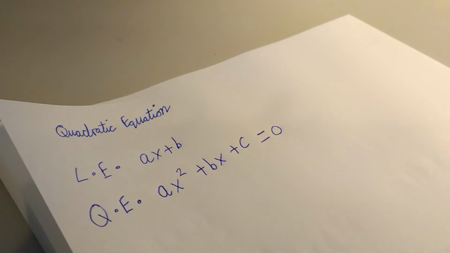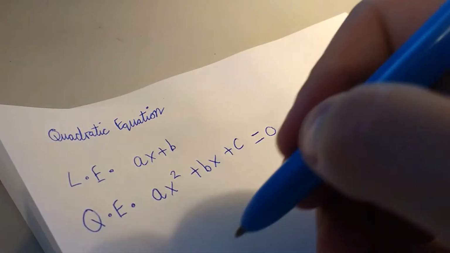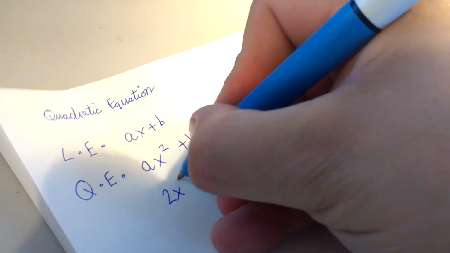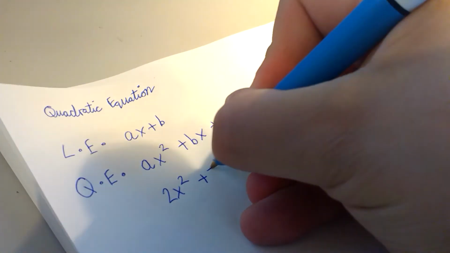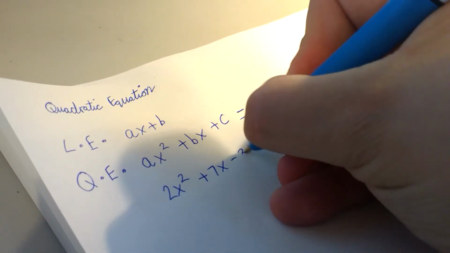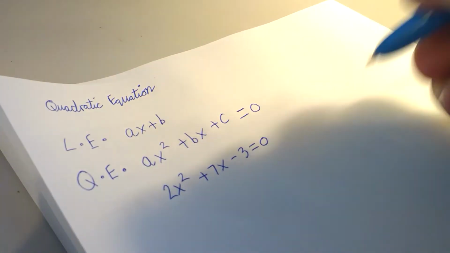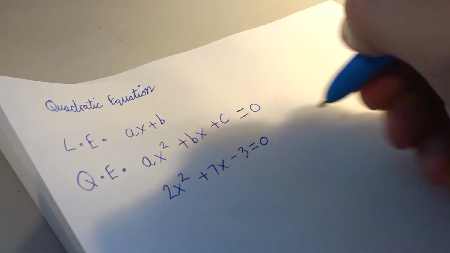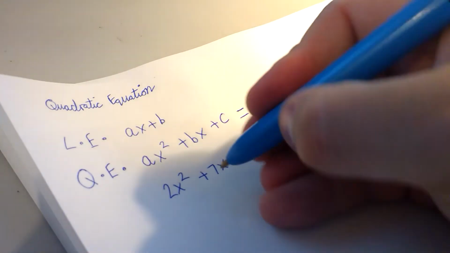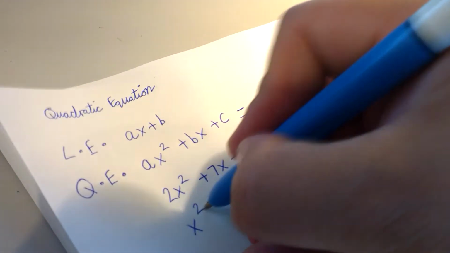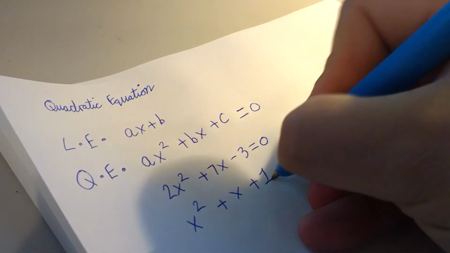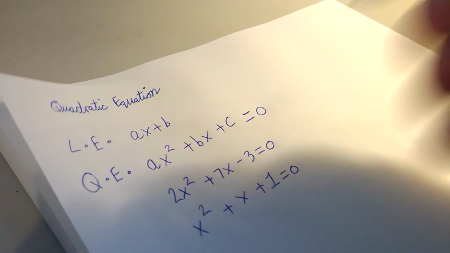So some examples of quadratic equations would be as follows. Two x squared plus 7x minus 3 equals 0. Another one would be x squared plus x plus 1 equals 0.